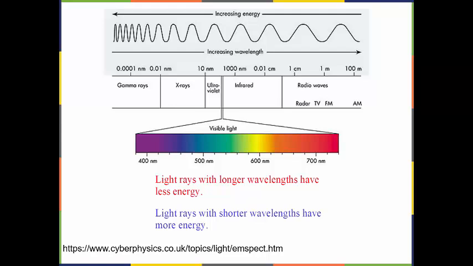This is good because we have hundreds of radio stations around us and we're constantly bombarded by radio waves, but it doesn't affect our body. If we look at visible light, violet is about 400 nanometers, and it has more energy than red, which is at 700 nanometers. So the shorter the wavelength, the more the energy.